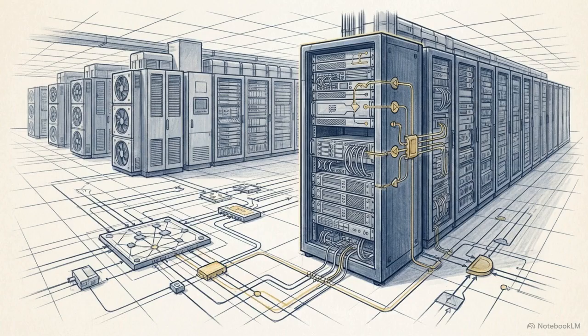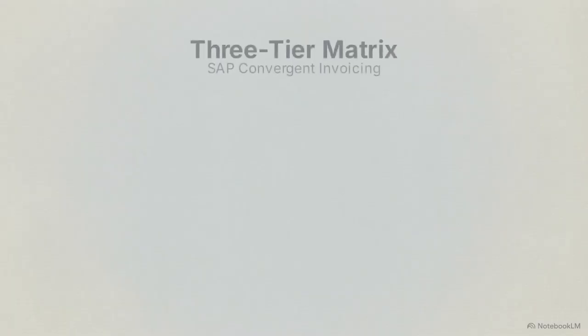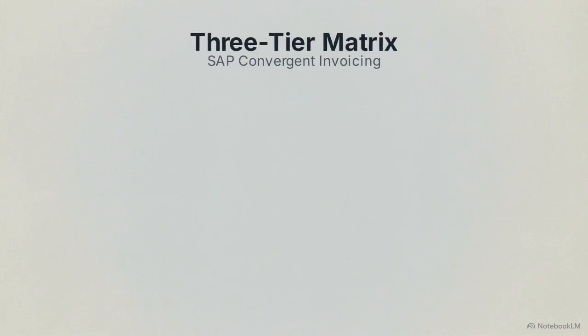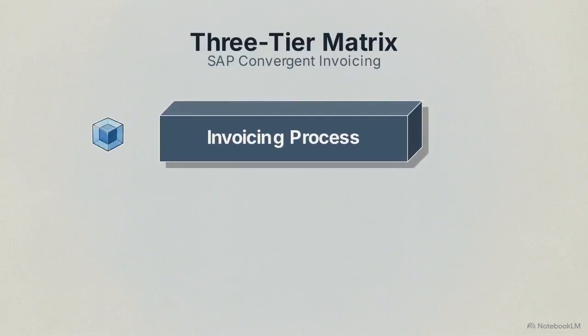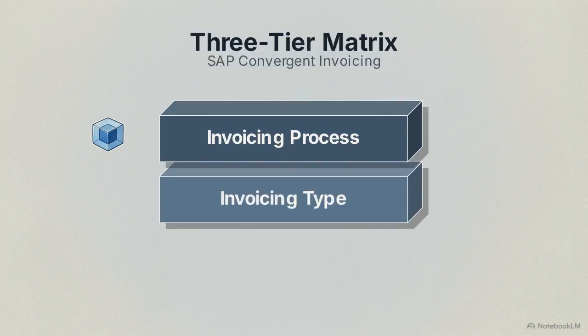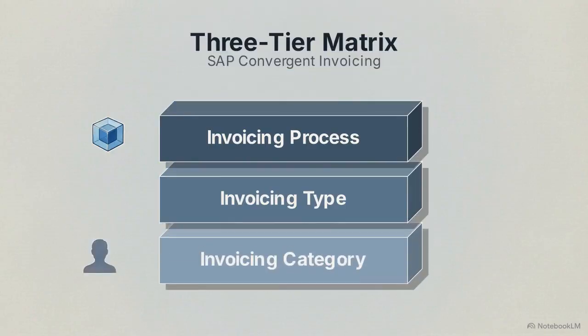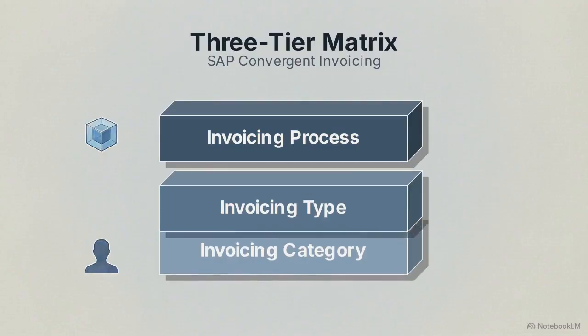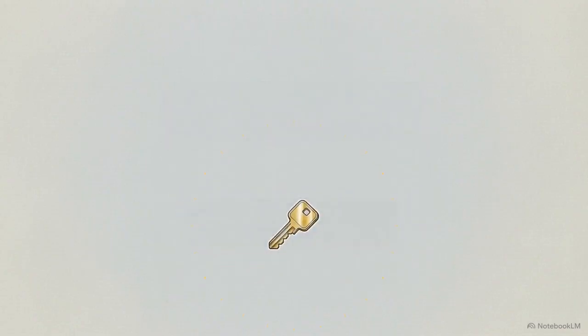The logic continues into the final, highly complex stage of execution, the invoicing process. Final invoice generation requires a 3-tier matrix. The first tier specifies the invoicing process, targeting specific source documents. The second tier automatically proposes an invoicing type. The third tier injects the unique invoicing category for the customer's account. The precise intersection of the invoicing type and the invoicing category creates a unique key.